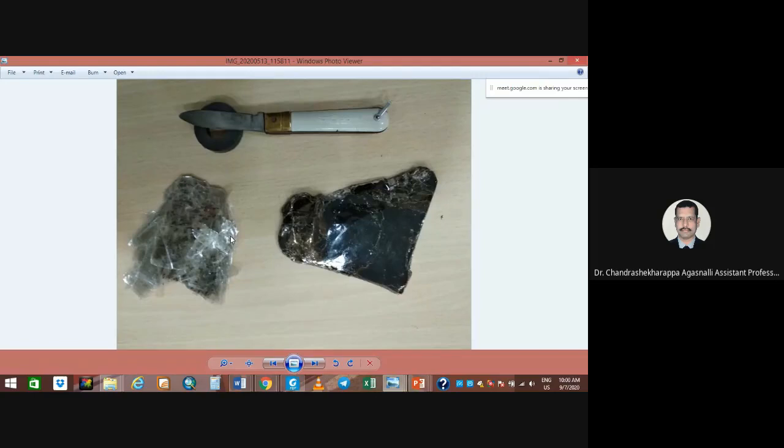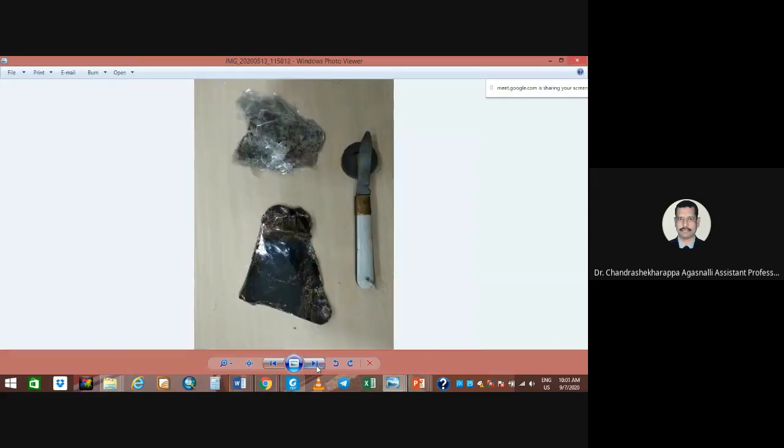Power is generally transmitted through the mica plate, mica layer. Okay, that's why you don't get a shock from that. Generally we use mica in the electrical industries.